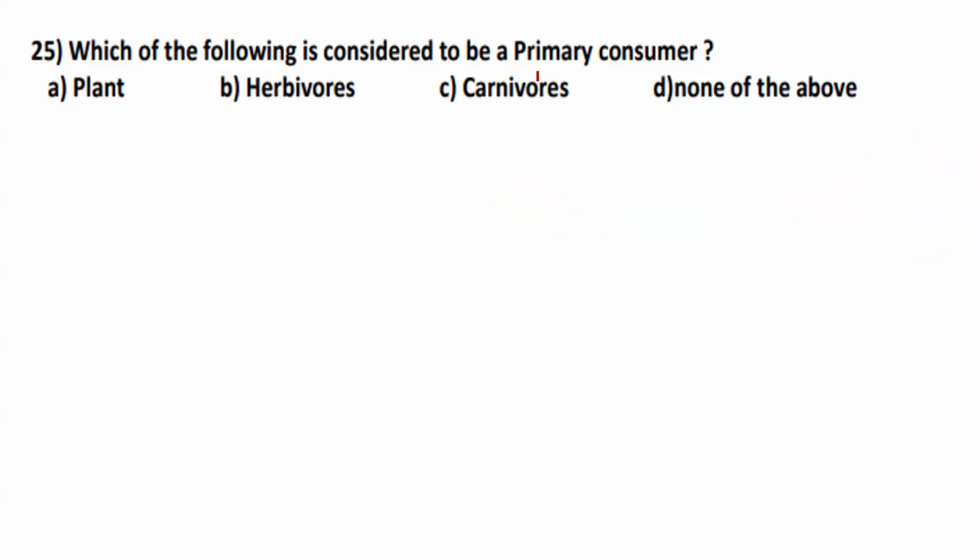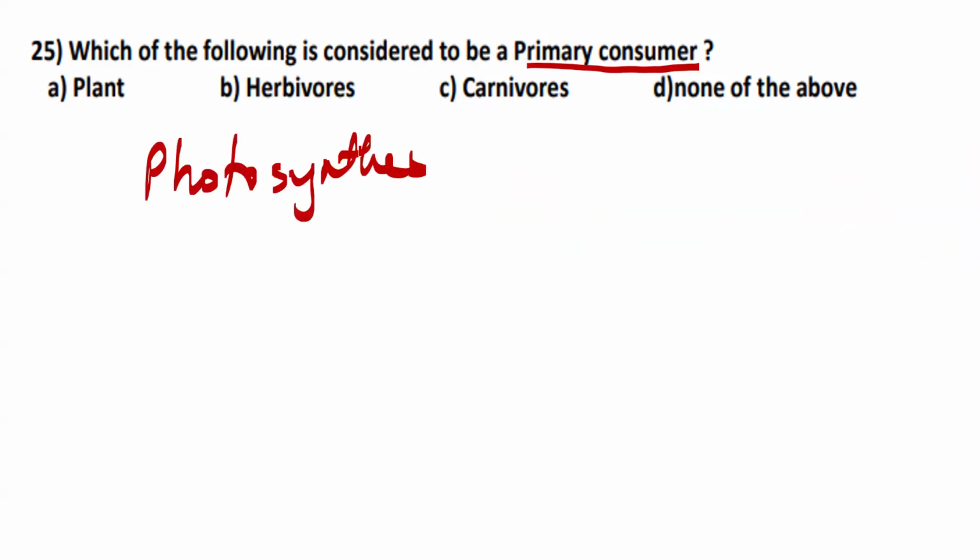Which of the following is considered to be a primary consumer? This is related to our photosynthesis lesson. Okay, but anyways, primary consumers are normally the herbivores. They consume the plants. I think the photosynthesis lesson is a one-day lesson.